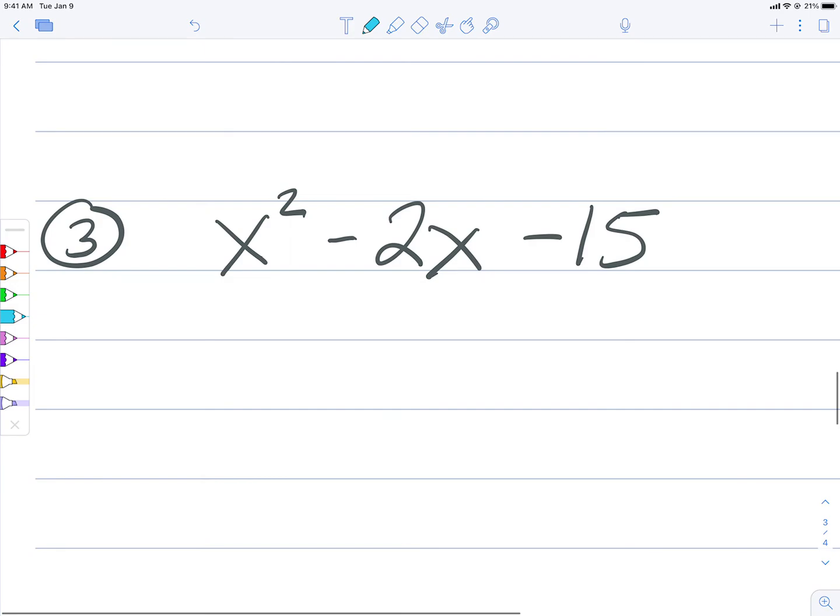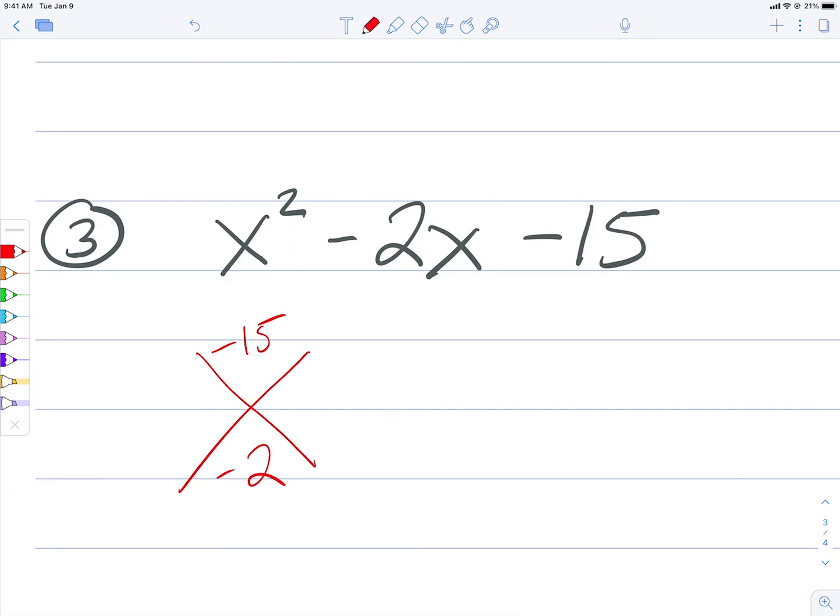We need two numbers that multiply to negative 15 while adding to negative 2. Now in this problem, the product is a negative, which means one of my numbers is positive and one of them is negative. Now if those two numbers add to a negative, it means that my negative number is the larger of the two numbers. Okay, so what two numbers multiply to 15? 3 and 5.